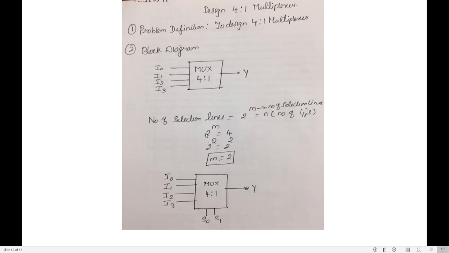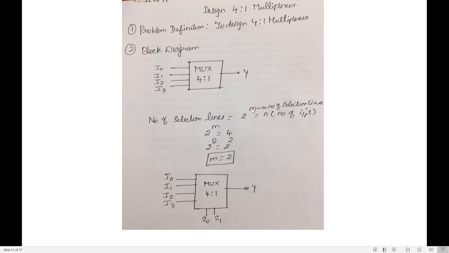So 2 to the power m is equal to 4. 2 to the power of 2 makes 4. So the value of m will be equal to 2.